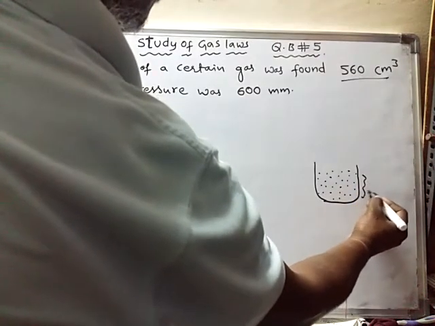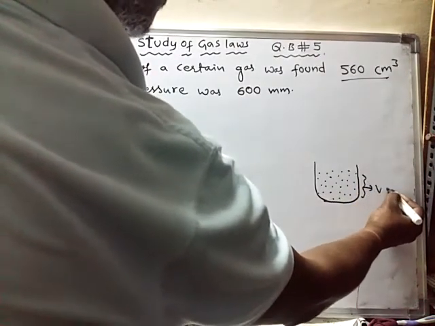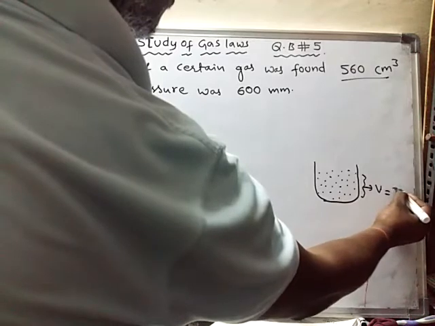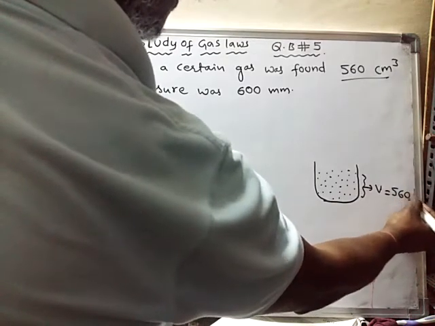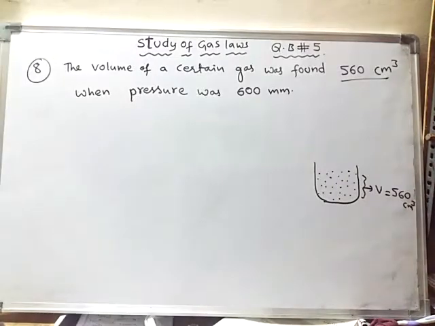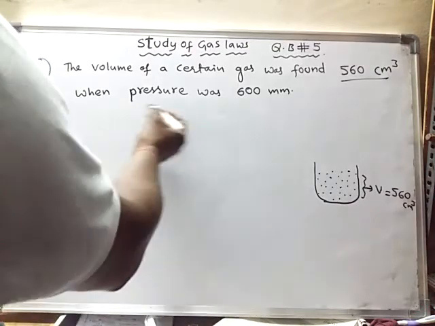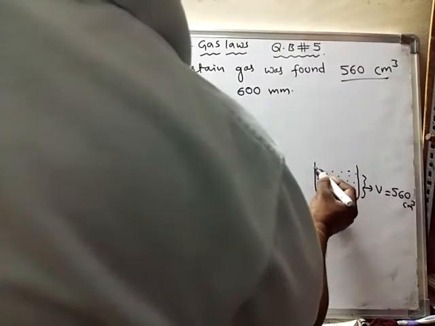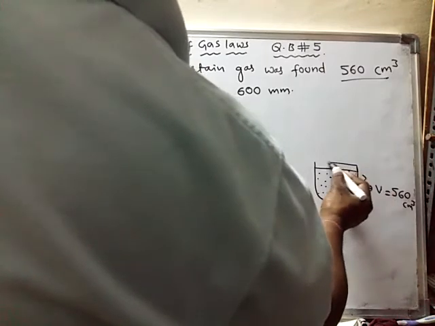If I take a certain amount of gas in a container, the volume of this gas, according to this question, is 560 centimeter cube, and its pressure was 600 millimeters of mercury.